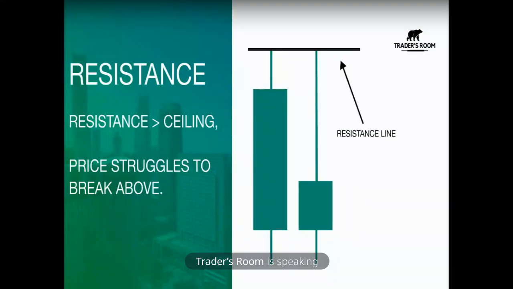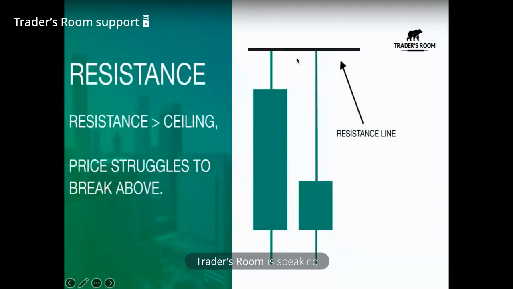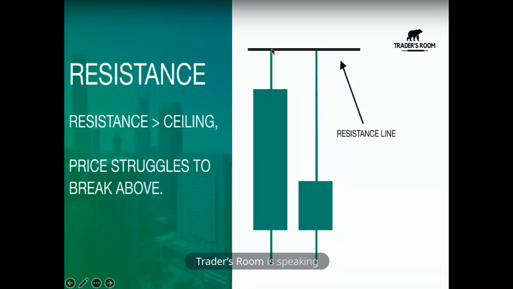So when you have more than one candlestick, two candlesticks, rejecting a certain price level, that tells us a story that there's a resistance. So consider this black line as a price line. You can see that this previous candle came to this price line and was rejected. And this other one also came in here and was rejected, even more.